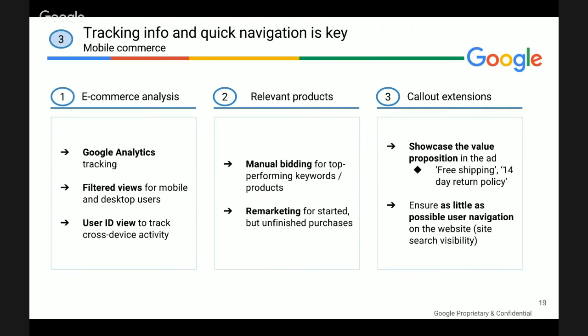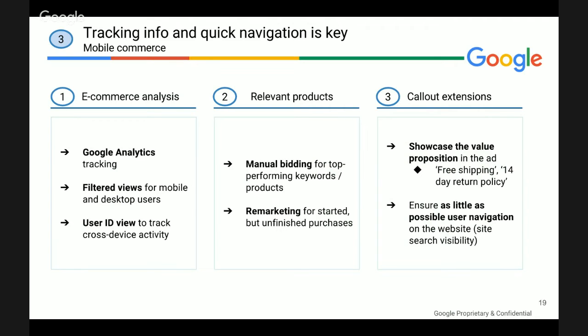The second one is user ID view, which allows you to have cross-device conversion tracking and cross-device activity tracking. So you can see what kind of activity people and customers were using while being on the phone, then switching to the tablet or laptop, and eventually finishing off the conversion.